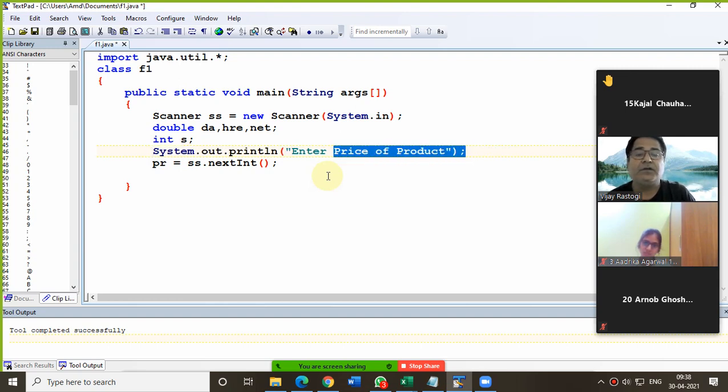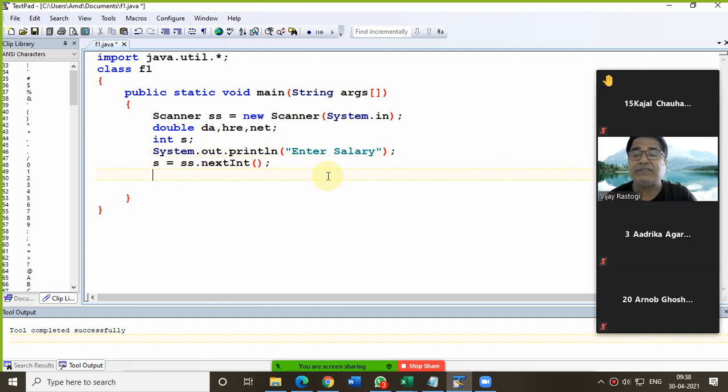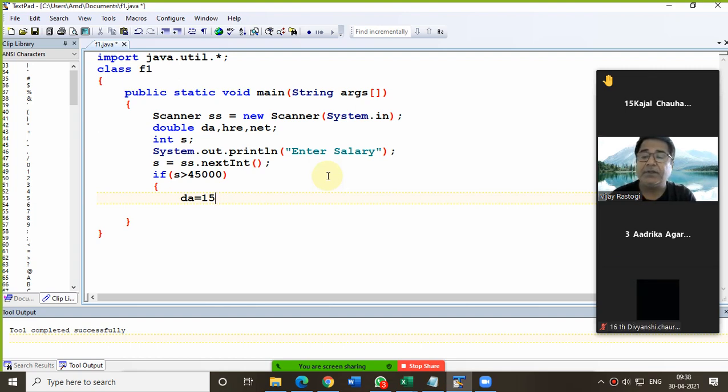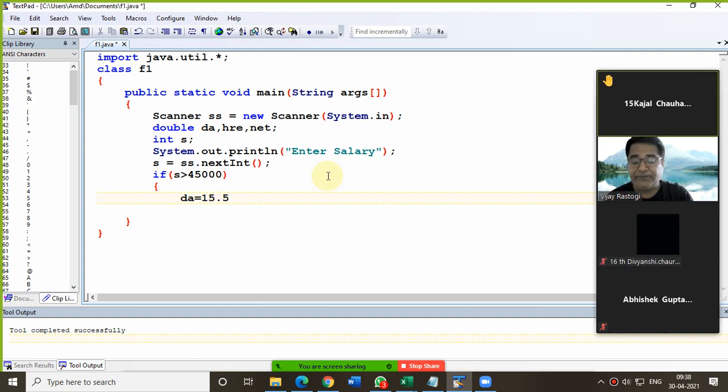So now, enter salary. That salary we are storing in a variable S. So if salary is greater than 45,000, in that case DA is given what? 15.5. 15.5 into the salary, percentage.